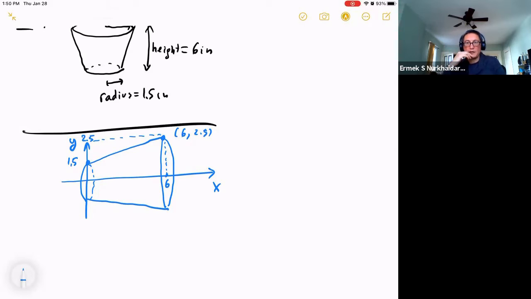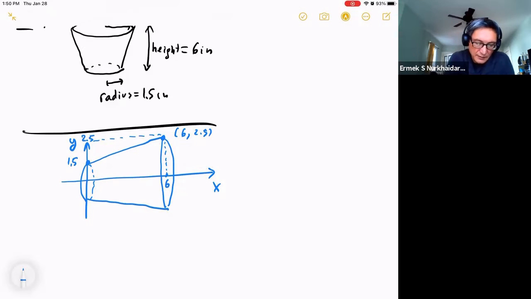But firstly, let's get an idea. What I want to do is something similar to what we did with area. I'm going to divide it. The way I'm going to divide it is I'm going to make slices.